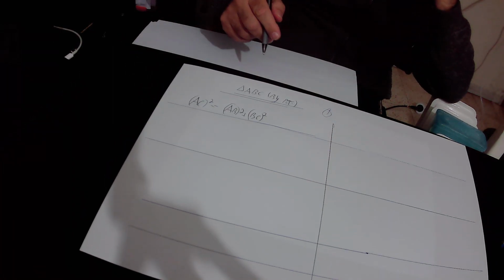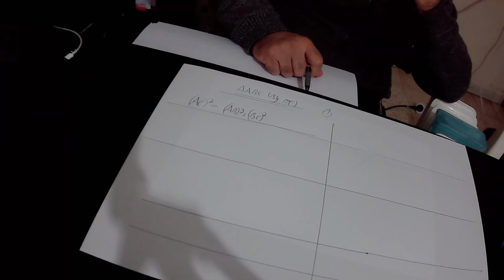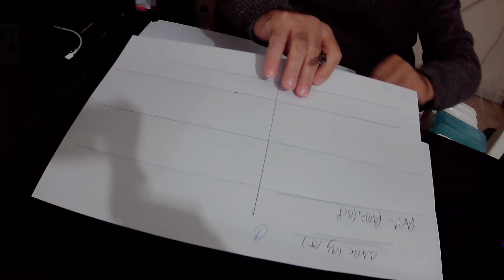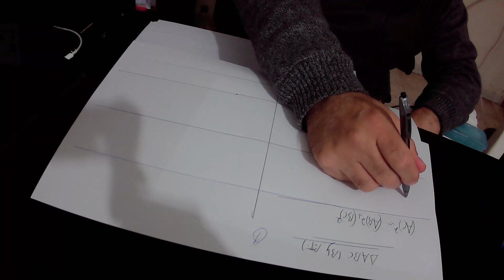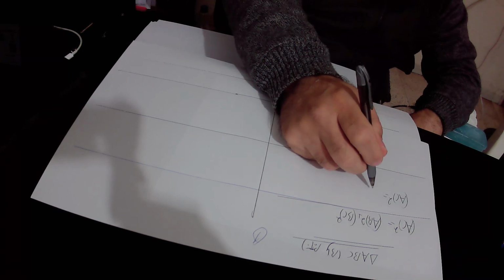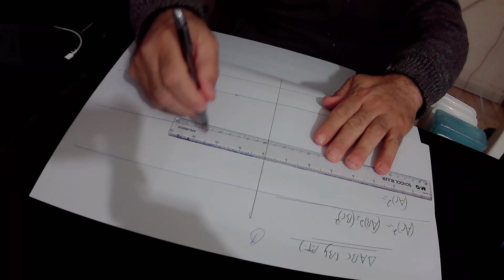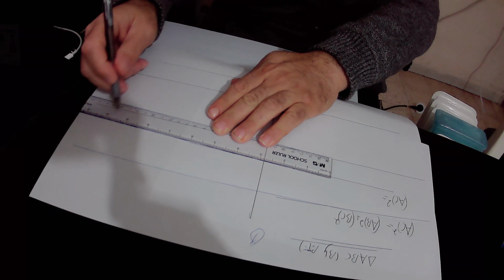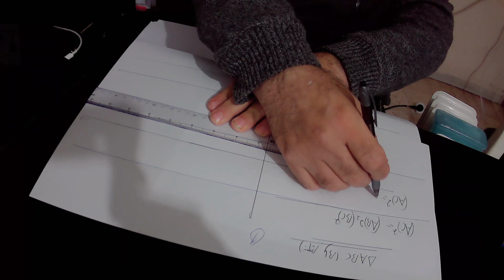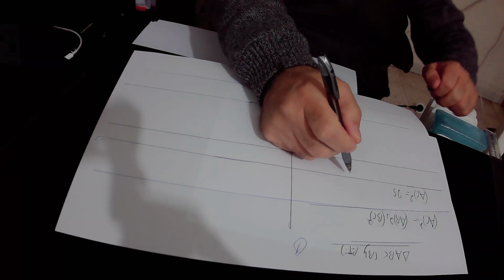According to the Pythagoras theorem in the right triangle ABC, AC squared equals AB squared plus BC squared. So AC squared equals AB squared. AB is 5, therefore AB squared is 5 squared, that is 25. Plus BC squared.